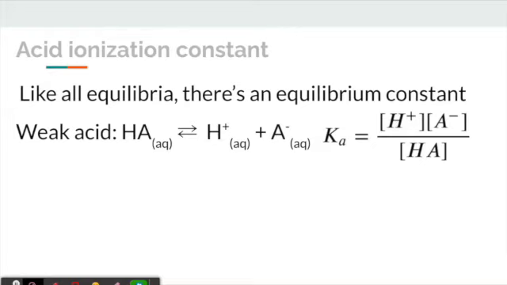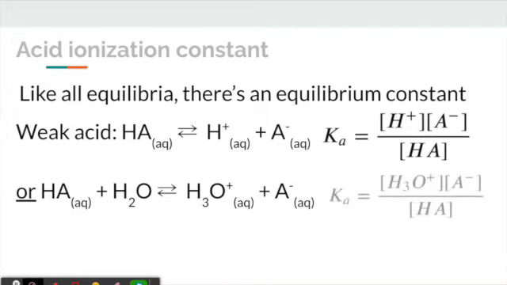You'll notice that it doesn't say Kc, it says Ka. That's a special notation that we give to acid equilibria. If you're using the modern notation, where the HA is reacting with water to produce hydronium ions, the form of Ka is still the same. You have hydronium instead of the H plus, but everything else is the same.